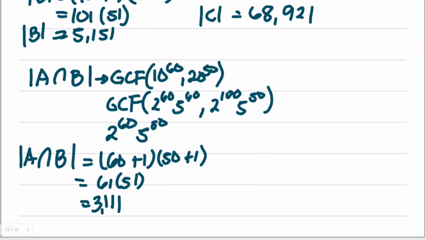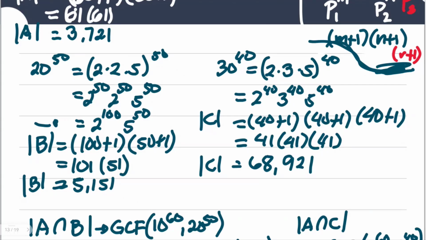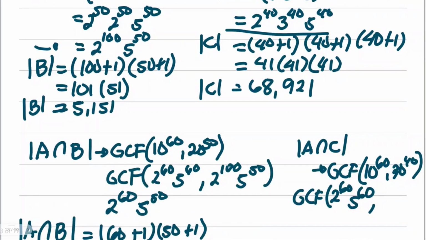Now, for the intersection of A and C, it's the GCF of 10 to the power of 60 and 30 to the power of 40. This is the GCF of the exponentiation 2 to the power of 60, 5 to the power of 60, and for our 30 to the power of 40, there are 3 factors: 2 to the power of 40, 3 to the power of 40, 5 to the power of 40.